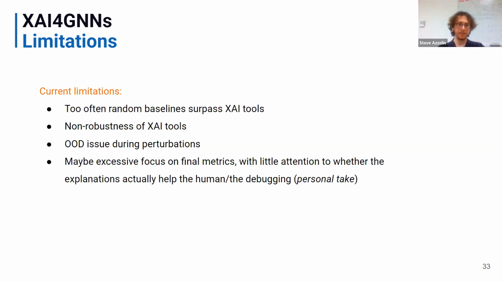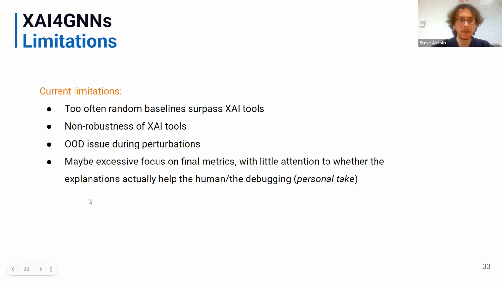Then there is an issue with out-of-distribution samples during the perturbations, because, for example, when you complete the explanation, you try to remove edges, right, which should be less relevant. However, in doing so, you may create very strange graphs which are not present in your training data, and which your model is not very used to seeing, and which correspond to out-of-distribution samples.